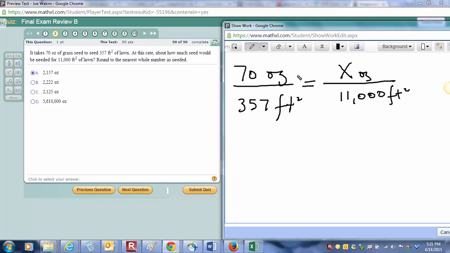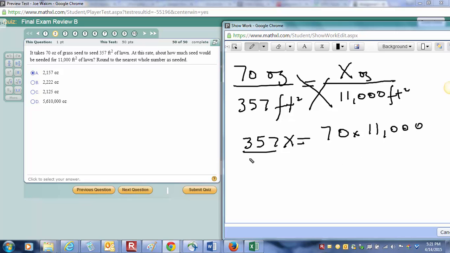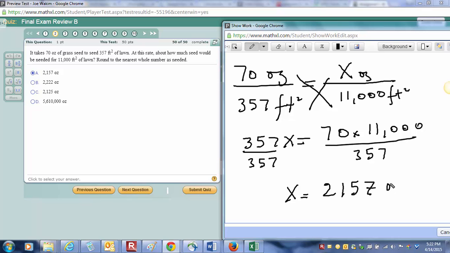So if I cross multiply, I get 357 x equals 70 times 11,000. And if I divide both sides by 357, x would be equal to 2,157 ounces.